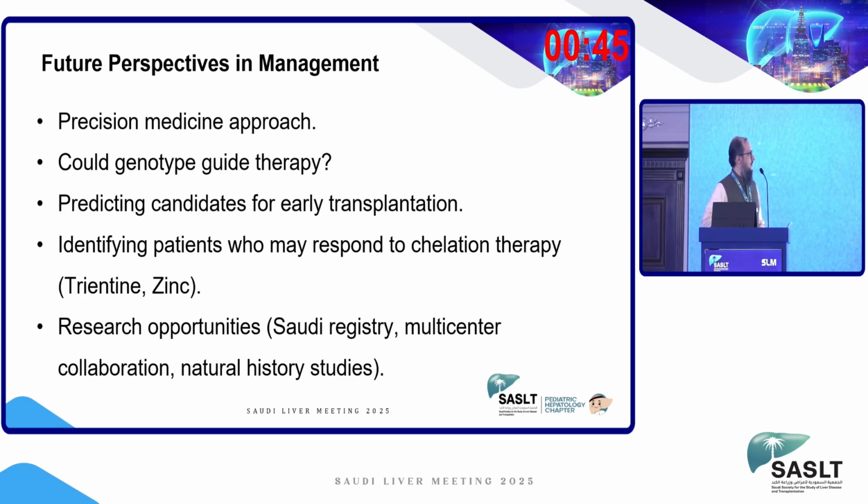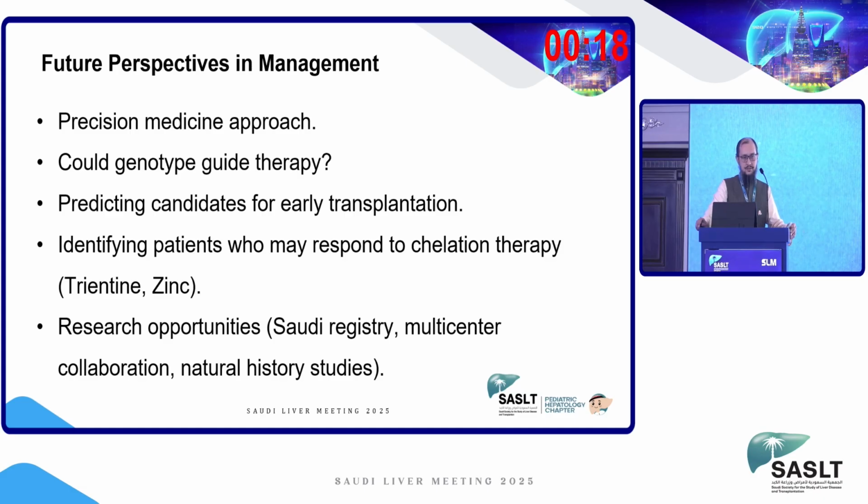The future perspective in management comes down to a precision medicine approach. Could genotype guide therapy? Yes, we believe that we need to maintain a very good genotype-phenotype correlation and a registry for that. We have been doing that in progressive familial intrahepatic cholestasis type 2, and we have identified a few genes, especially one gene which is responsible for a very high risk of hepatocellular carcinoma.